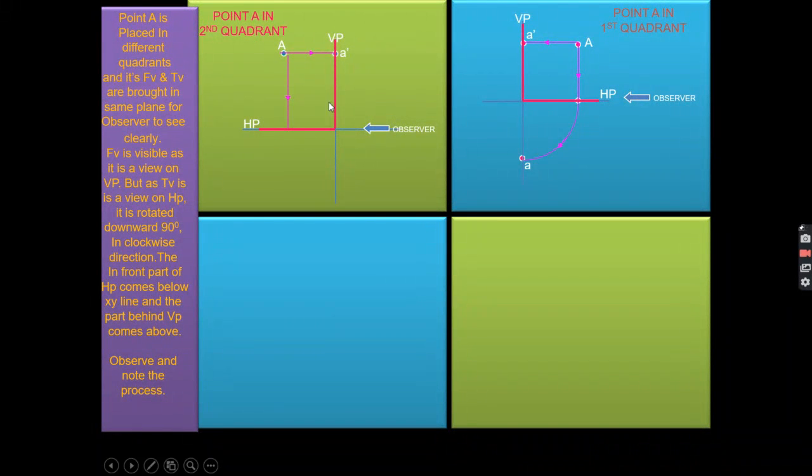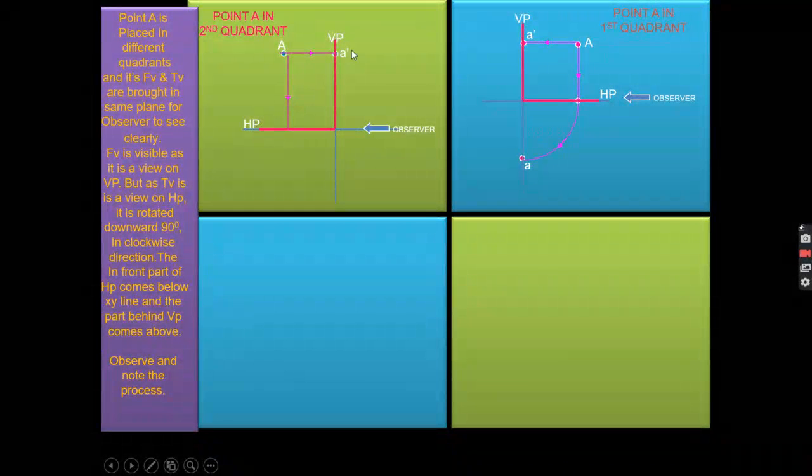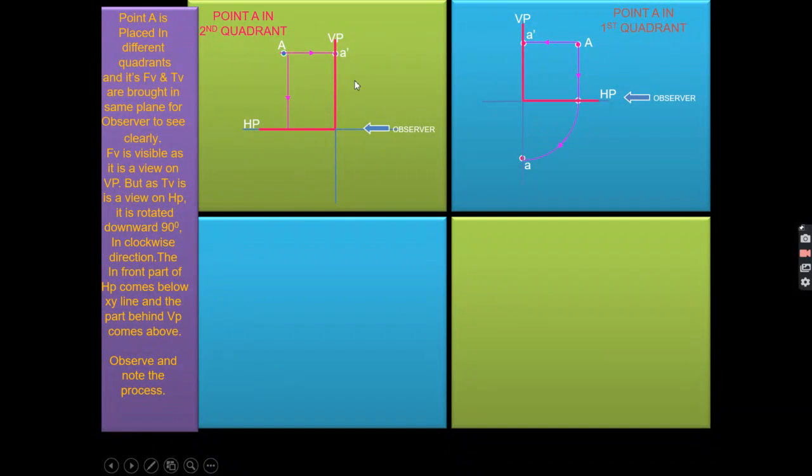So the vertical plane will be here only, and the horizontal plane you have to move in the clockwise direction. If you move it in the clockwise direction, then your horizontal plane and vertical plane will coincide. So here you can see this is your front view and this is your top view. Both are above the XY line or reference line.